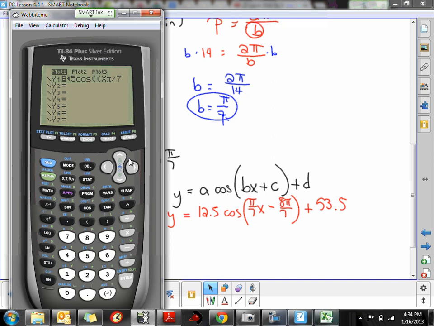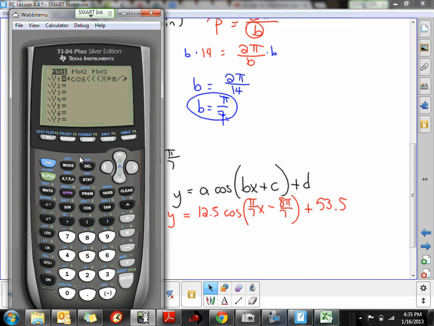Then minus. So I have a minus key. Then I want 8 pi sevenths. I'm thinking I've got to be a little bit more careful with how I'm entering those, because I want the x and pi divided by 7. So I'm going to insert a set of parentheses around those, second insert, parenthesis, x times pi, so I'll just hit the times key to get that out of the way.